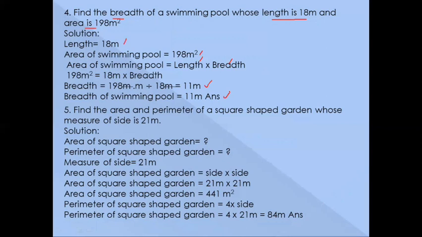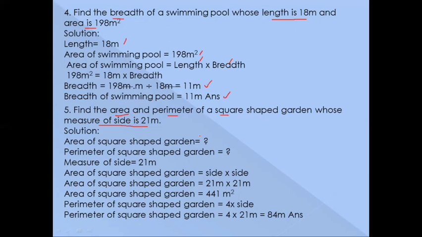Area will be side by side, and perimeter will be 4 times the measurement of one side. Now let us check what we are doing. We have to find the area, then the perimeter of the square figure. It is a square-shaped garden, and here the measurement of one side is given.